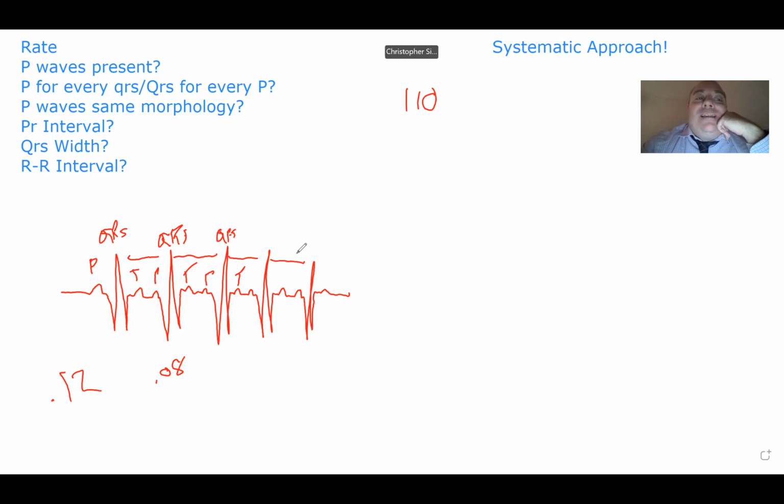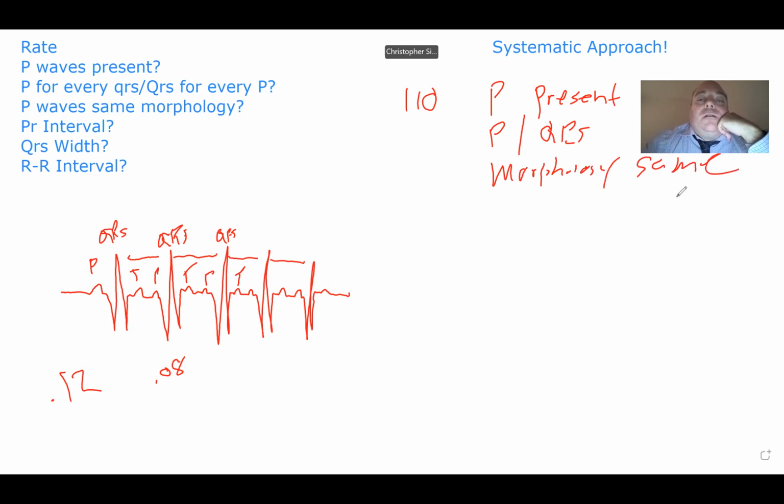Okay, so let's look at what we got. We got a rate of 110, P waves present, P for every QRS, morphology the same, PR interval is normal, within normal limits.